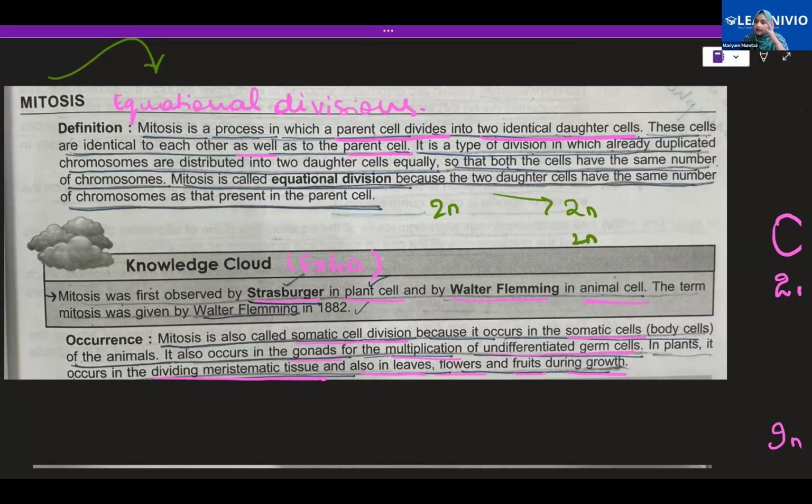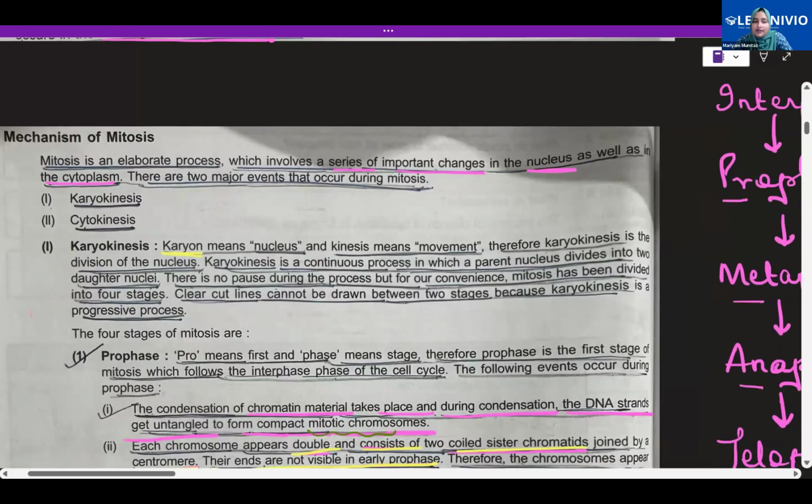The second type are the normal body cells, and we call them somatic cells. In the normal body cells, mitosis takes place. Clear? Whenever there is a need to increase the number of cells or the size, we grow in height because of cell division. Understood? Mitosis.